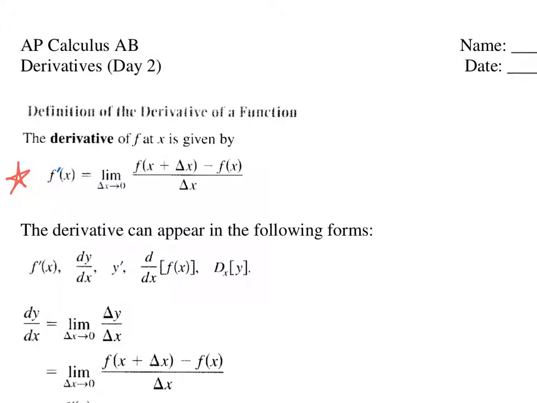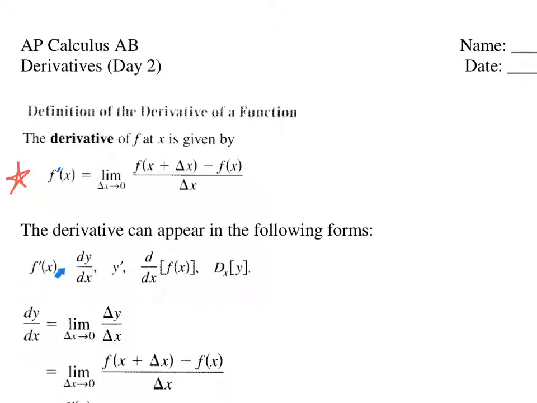Now, the derivative can appear in a number of different forms, and you should be familiar with all of these different notations for the derivative, okay? As you'll see throughout the year, there are times when different ones are useful in different situations. But you see we've got here the f prime notation that I just showed you.